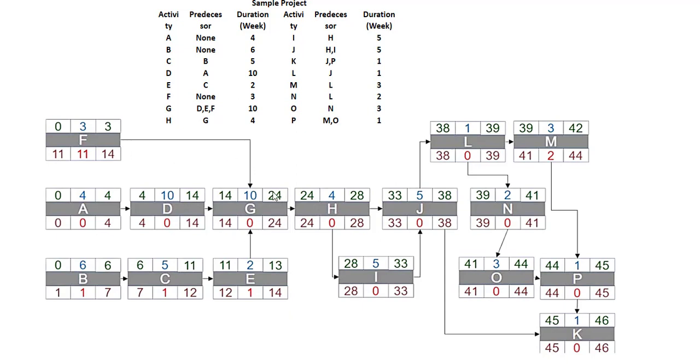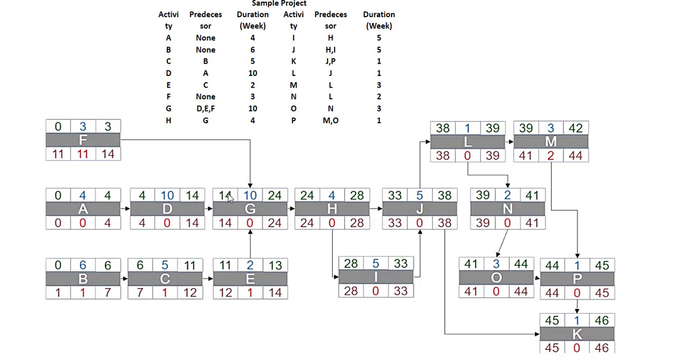So as you can see, G is followed by E, F and D, but here E gets completed in 13th week and F gets completed in 3rd week. So we will consider here highest, that is D. D is completed in 14th week.